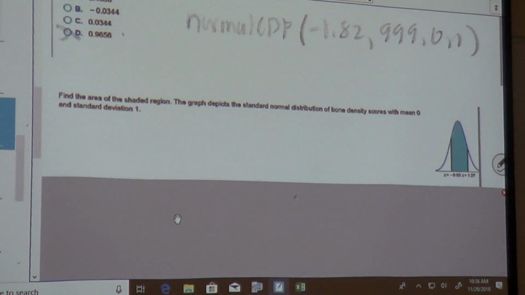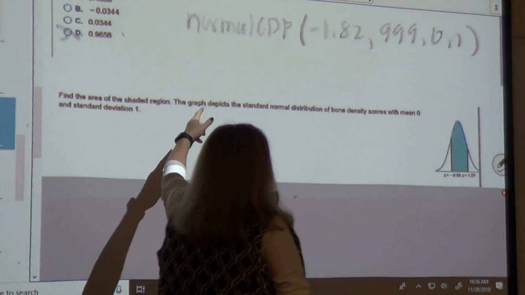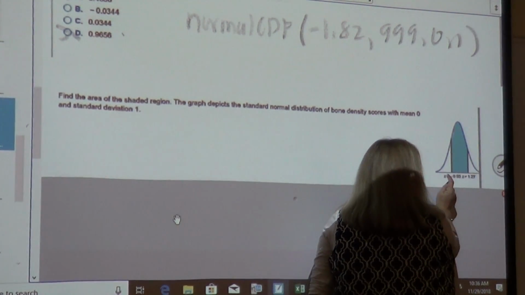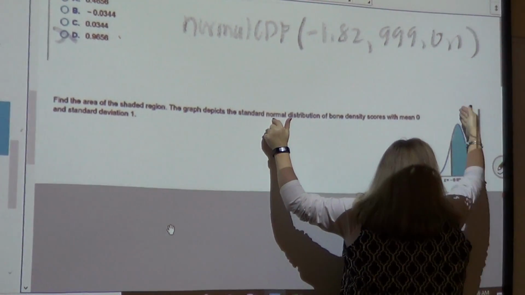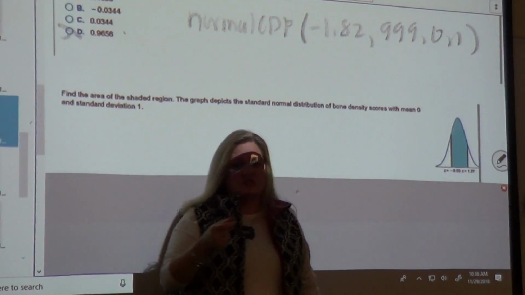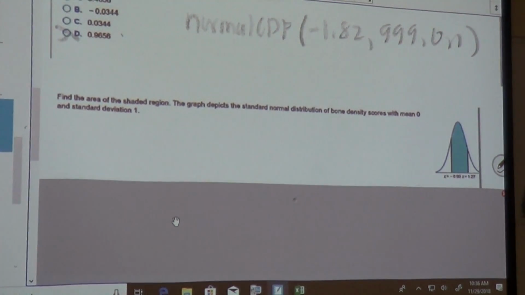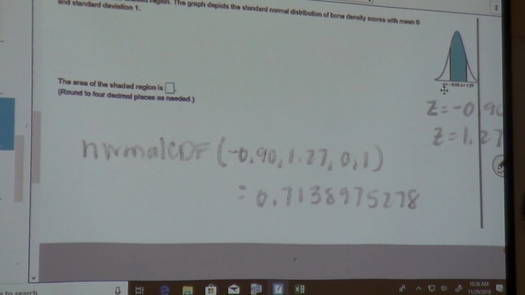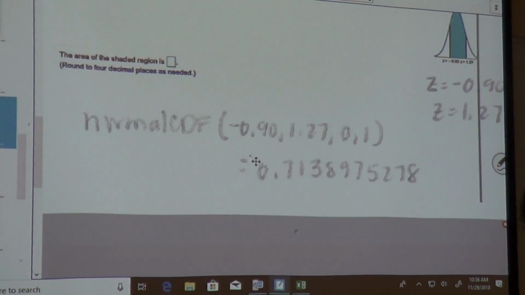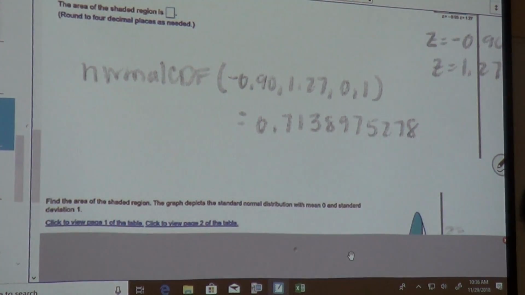They should put that 1.82 there. Okay, this is the same thing. Find the area of the shaded. You would do your left, you would do your right. It is a standard normal, so your mean is 0 and your standard deviation is 1. We'll go through these quick. I've got them written down so that you can see them. And I've got the answer there.